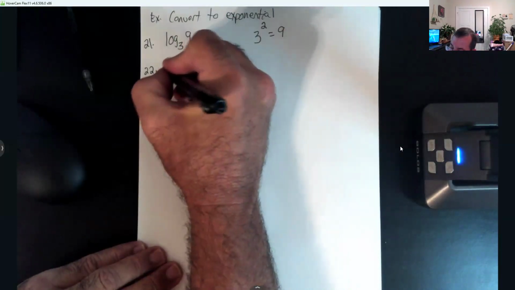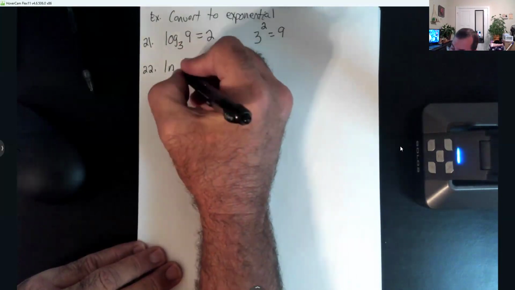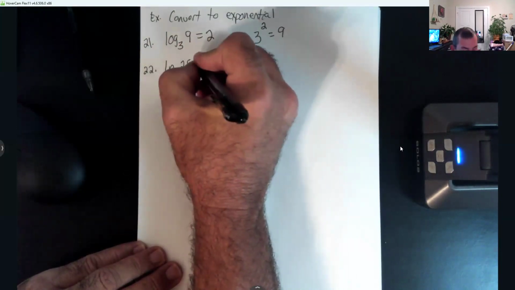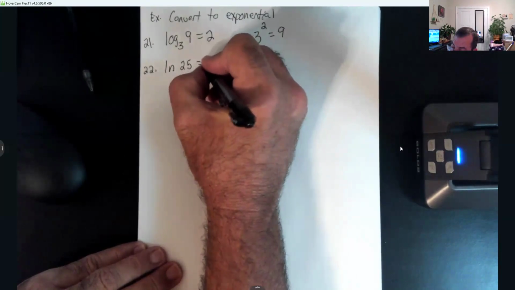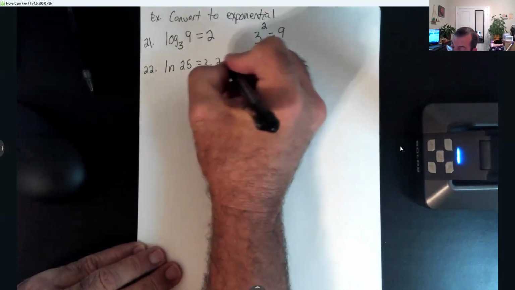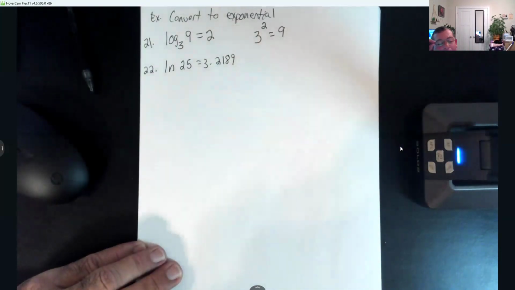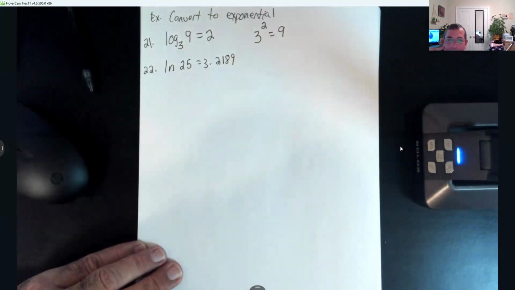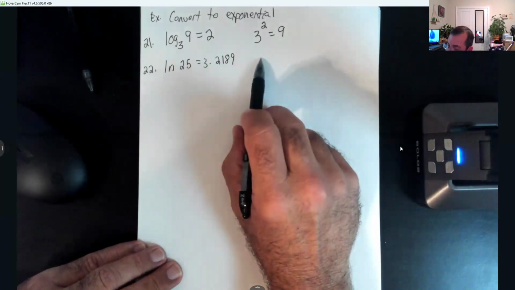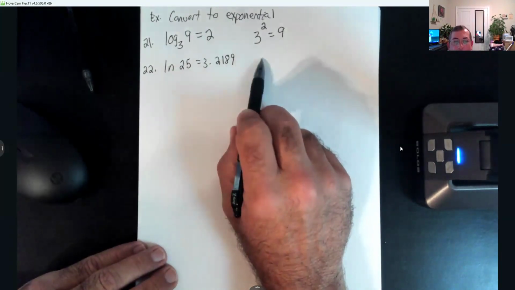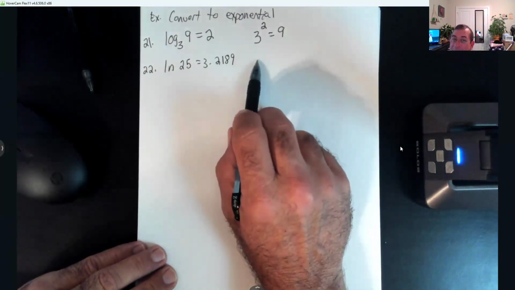Oh, I'm going to try this one. ln 25 equals 3.2189. Well, y'all, here's the question. To write it in exponential, what is my base?